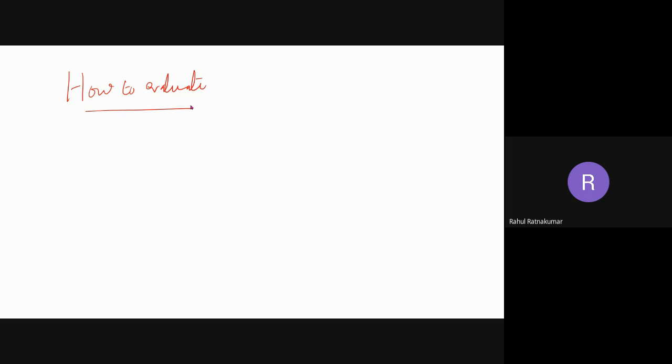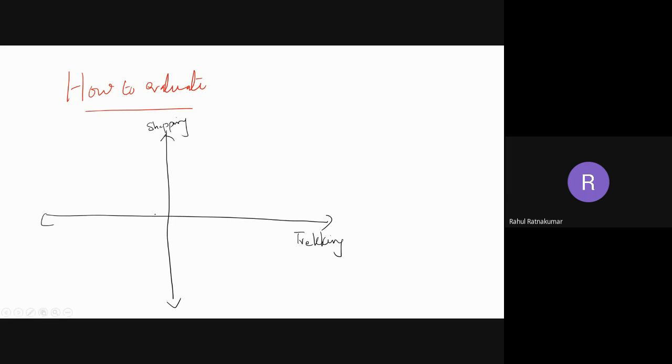Now we'll come back to our earlier example of boys and girls. You have the axis, one axis I'm drawing is shopping, and the other is, say, trucking or gaming, whatever. In this example, we have different points.